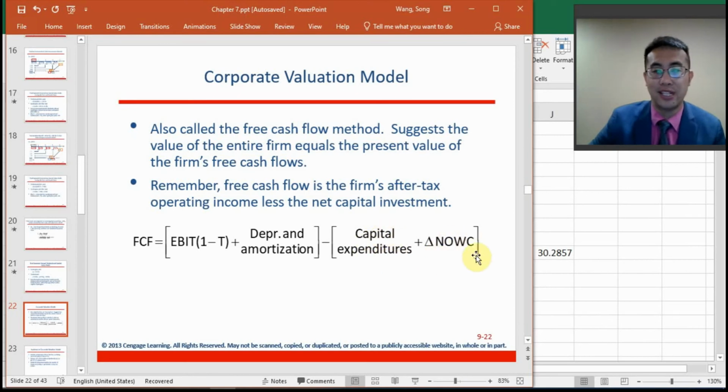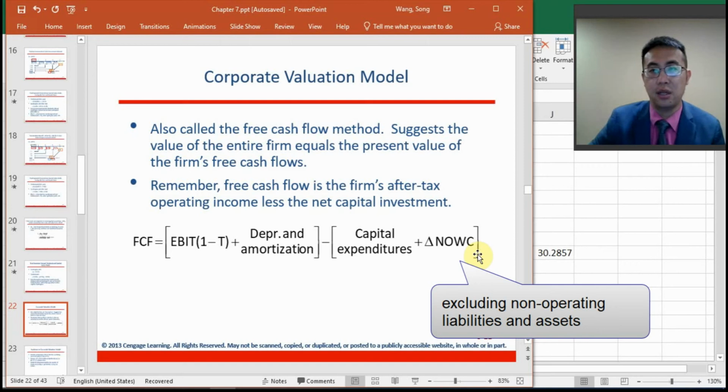And also, there's a change in net operating working capital. So net working capital is current assets minus current liabilities. And a part of the current liabilities is related with financial securities that is not operating. So we're going to exclude those financial liabilities from the current liabilities, to get net operating working capital.